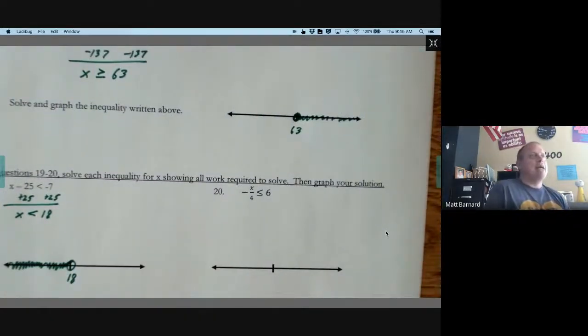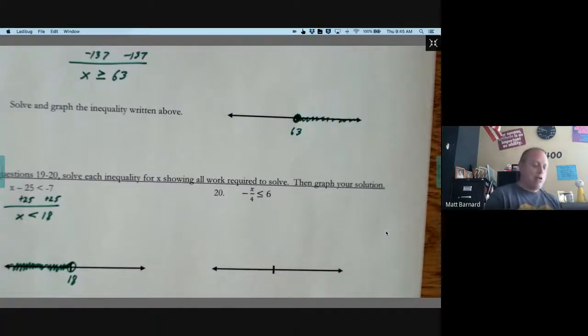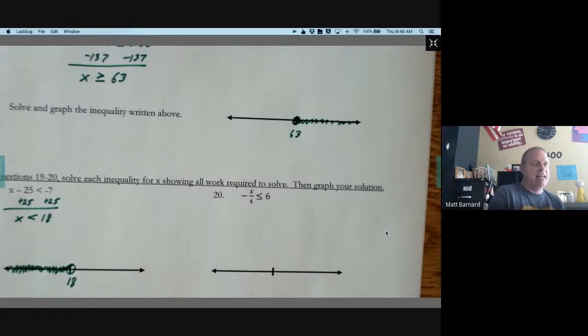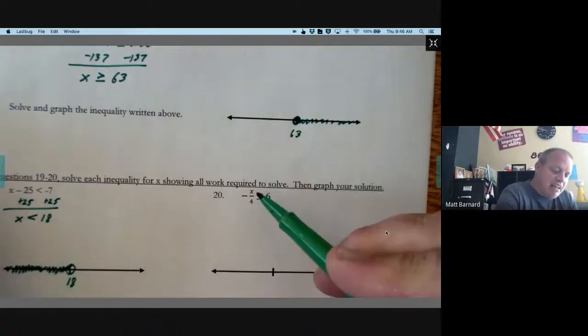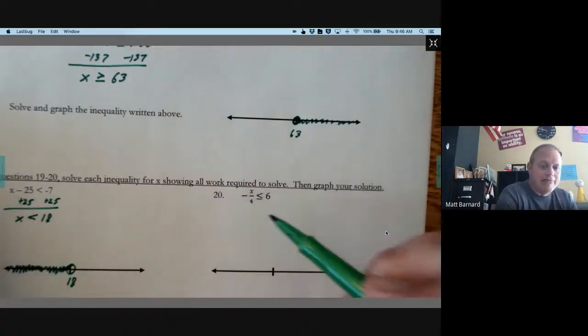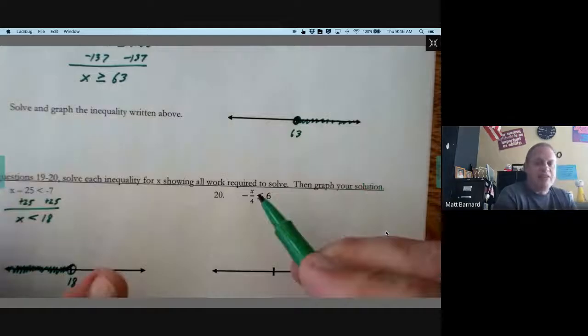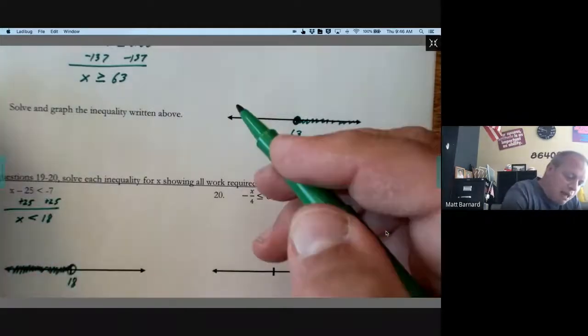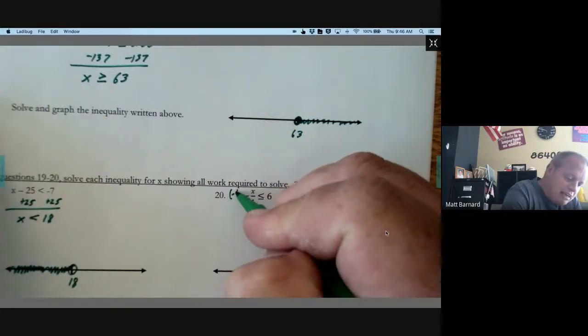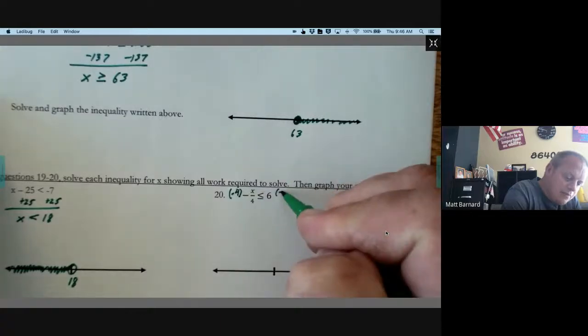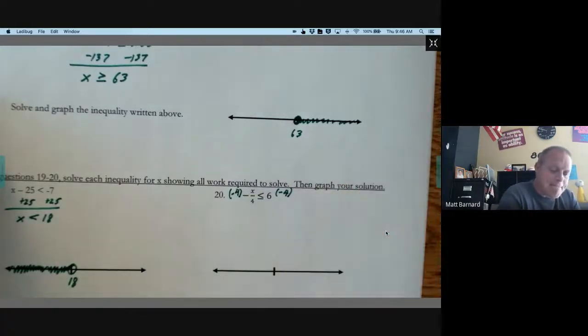All right, here we are. The only big difference is right here. Very important. When you multiply or divide an inequality by a negative number, you got to switch the inequality sign, from less than to greater than, greater than to less than. So here's what we have. This is kind of like a -4 on the bottom. So I have to make this just x. So I'm going to multiply both sides by -4. Okay.